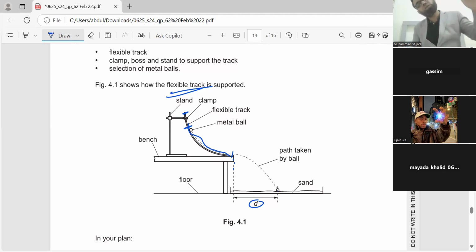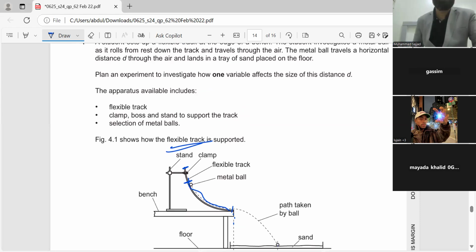So when it is steeper, it rolls down with greater speed and covers greater distance in general. Or we can have a small mass ball, then medium mass, then maximum mass, like this. So different masses of the ball we can use, and then let them roll down. So even that will be okay.